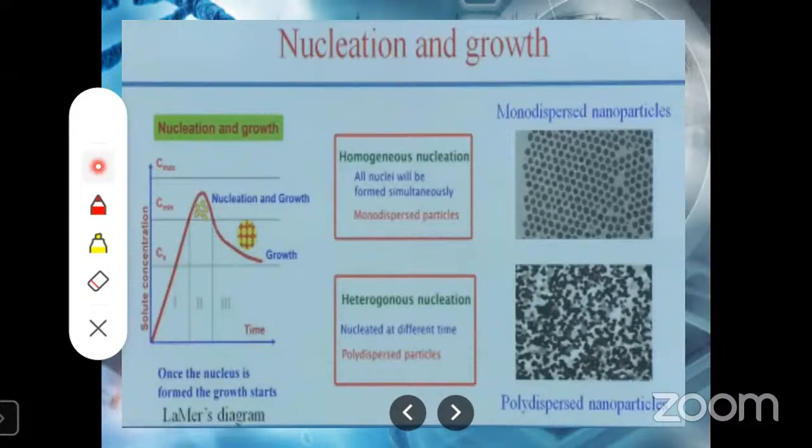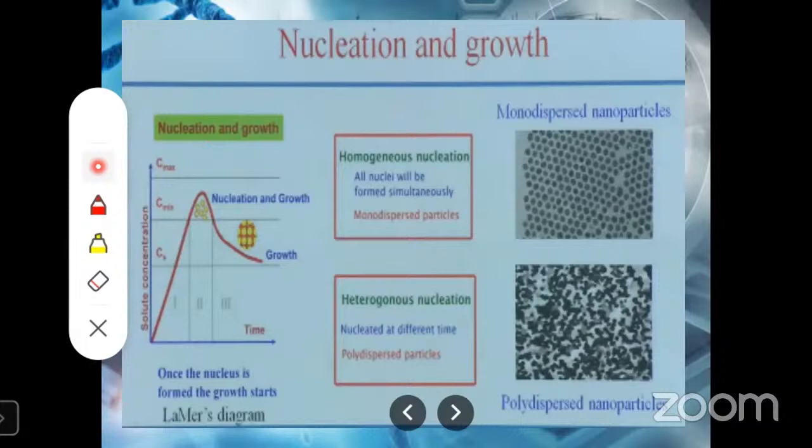So when you see nanoparticles under a transmission electron microscope, you will see uniform size particles, which are called monodispersed particles, and if not uniform in size, they are polydispersed nanoparticles. Nucleation plays a very important role in controlling the properties of the final product, like size, distribution, as well as nature of the phases.